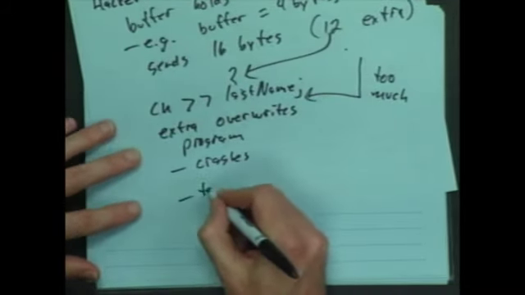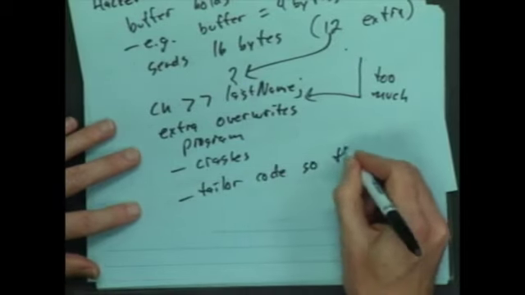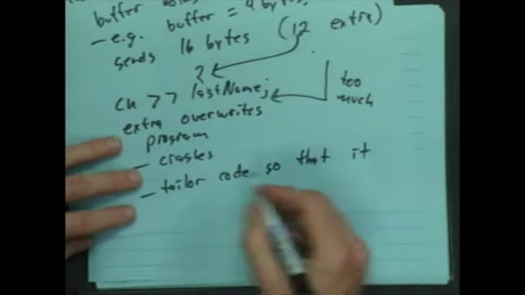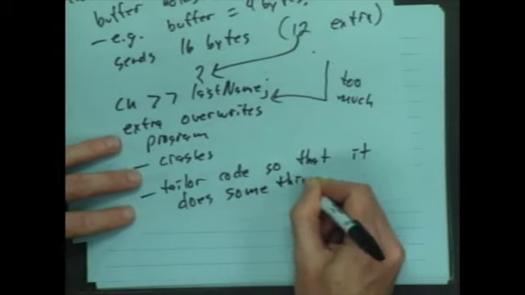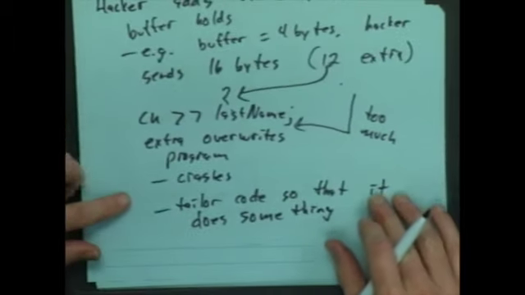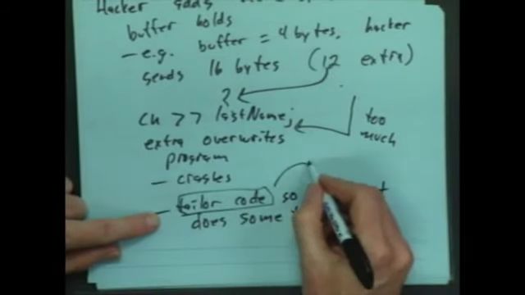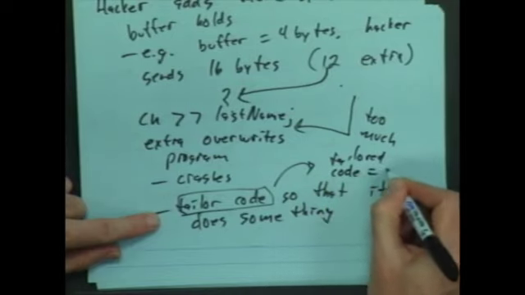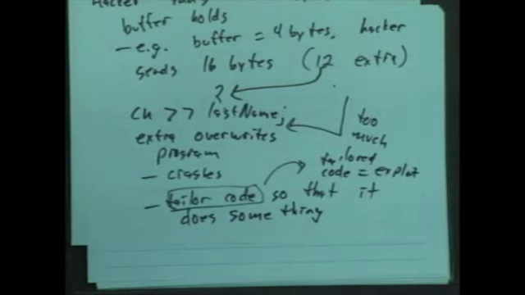If they tailor the code so your computer actually does something, then they've got you. Okay? That's the exploit. All right? Are we good with that?